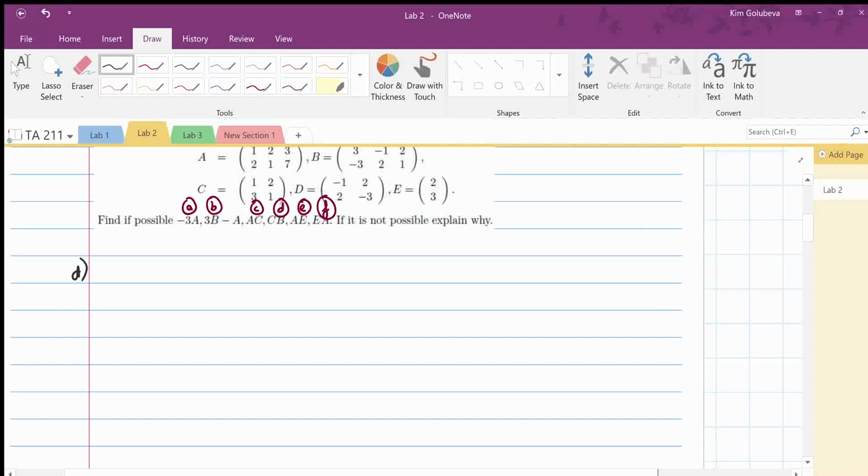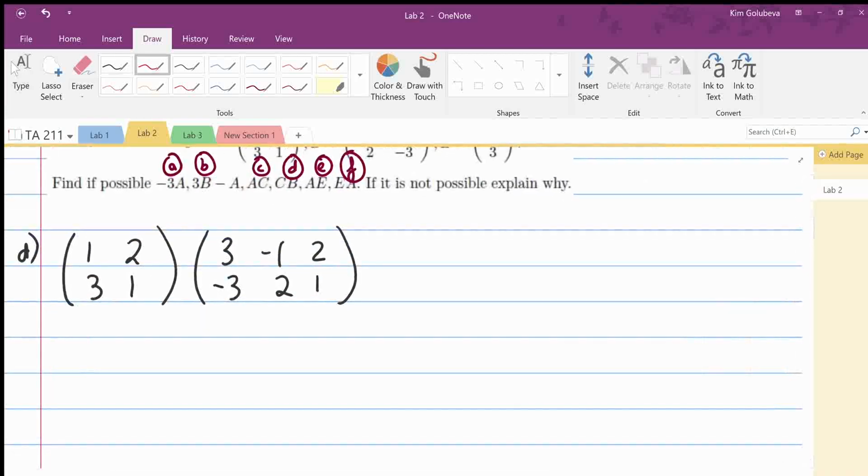Okay, so CB we have 1, 2, 3, 1 times 3, negative 1, 2, negative 3, 2, 1. Okay, so first thing, once again, is we're going to check the dimensions. So this one is a 2 by 2 matrix, and this one is a 2 by 3 matrix. So we check the inner dimensions here. 2 equals 2. So perfect. Now we can multiply them.